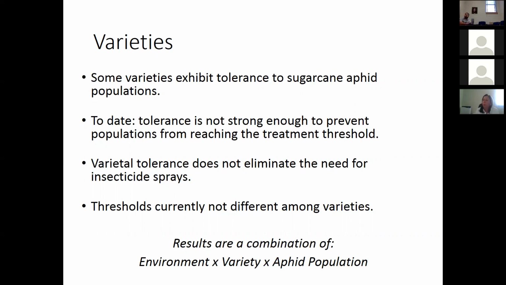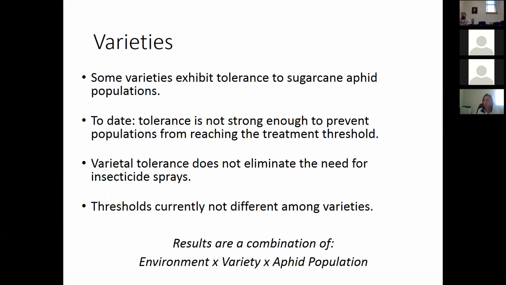What I would currently recommend in terms of a variety, based on the fact that you're still going to need to put out an insecticide application if you get sugarcane aphid, is to choose a variety that's well adapted for your area. I put out some variety trials in Bruton, Alabama, Fairhope, Headland and Prattville.